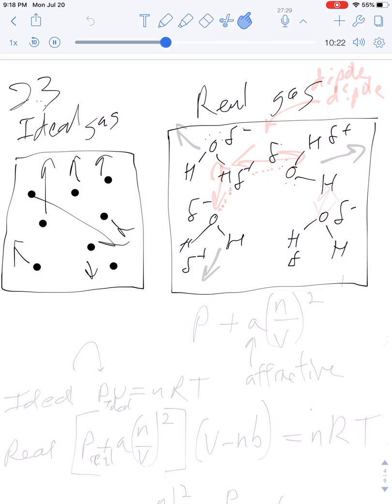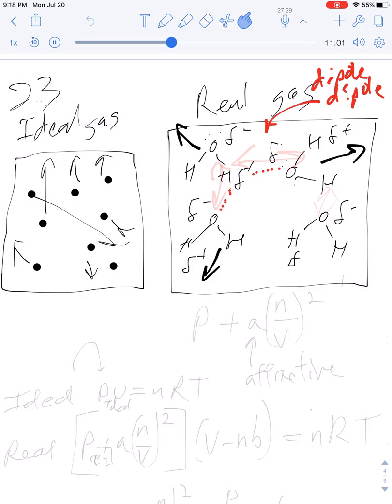So you have an attraction between the partial negative of the oxygen and the partial positive of the hydrogen. So you've got that intermolecular force, and by the way, that's called a dipole-dipole force, or a hydrogen bonding, more correctly.